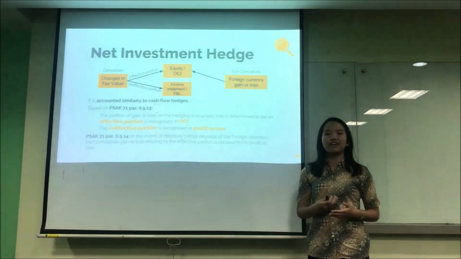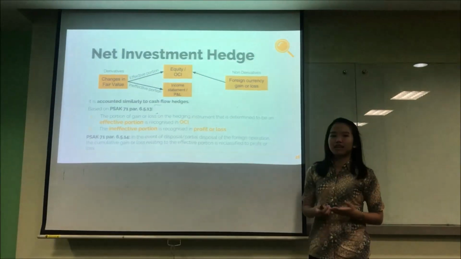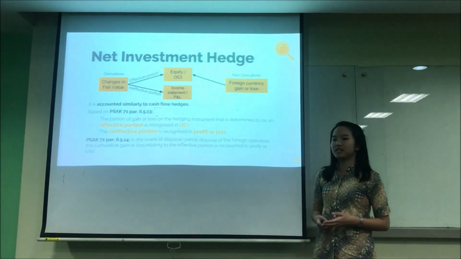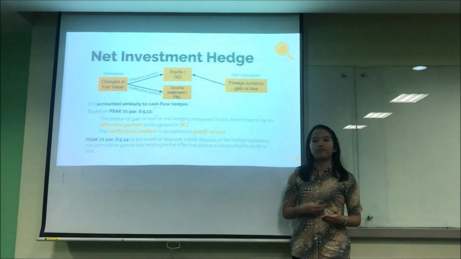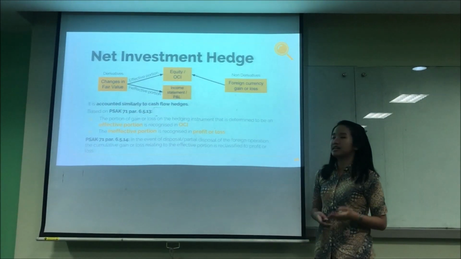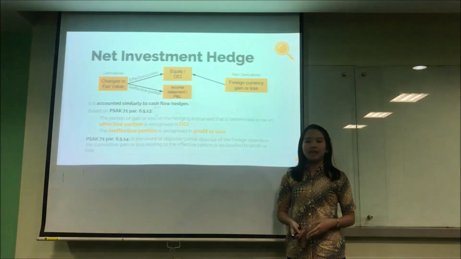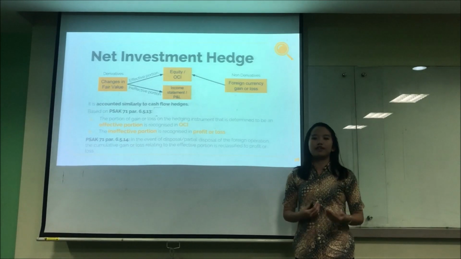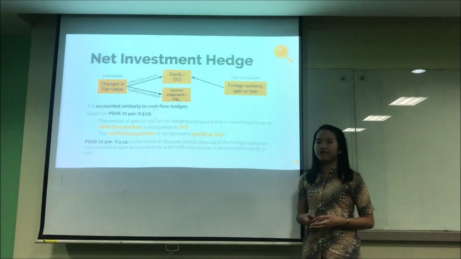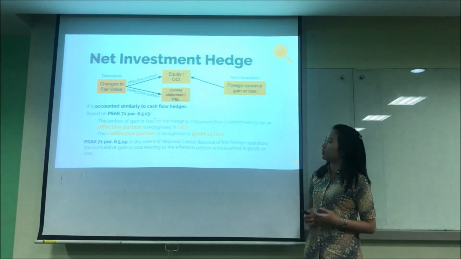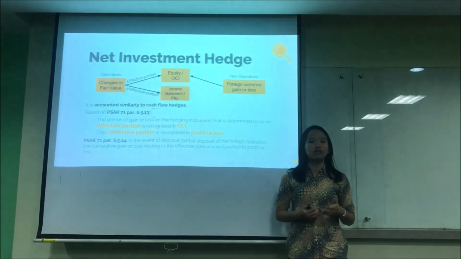Furthermore, when we use derivatives for hedging, we recognize the effective portion in OCI, while the ineffective portion is recognized in profit and loss. Similarly, if we use non-derivative ones, the foreign currency translation gain or loss is recognized in OCI.